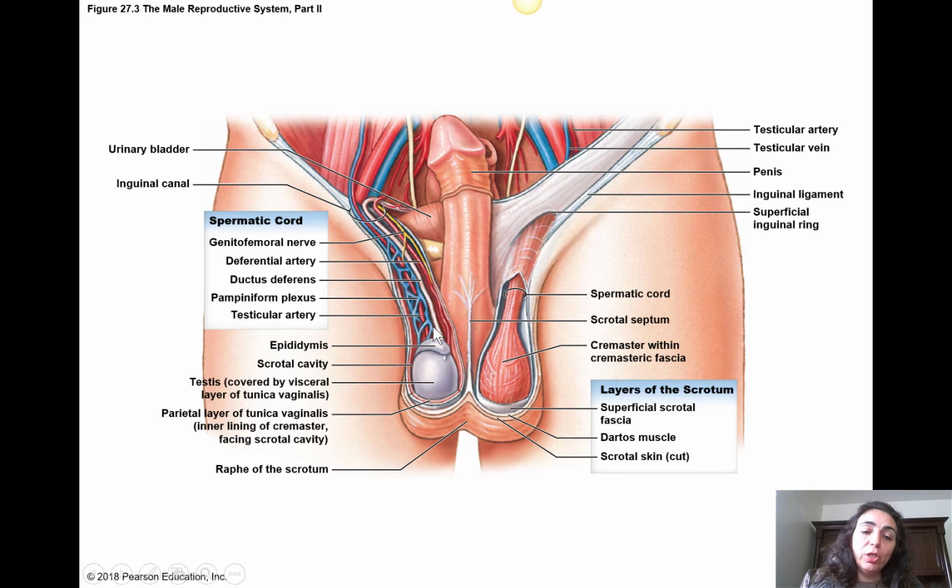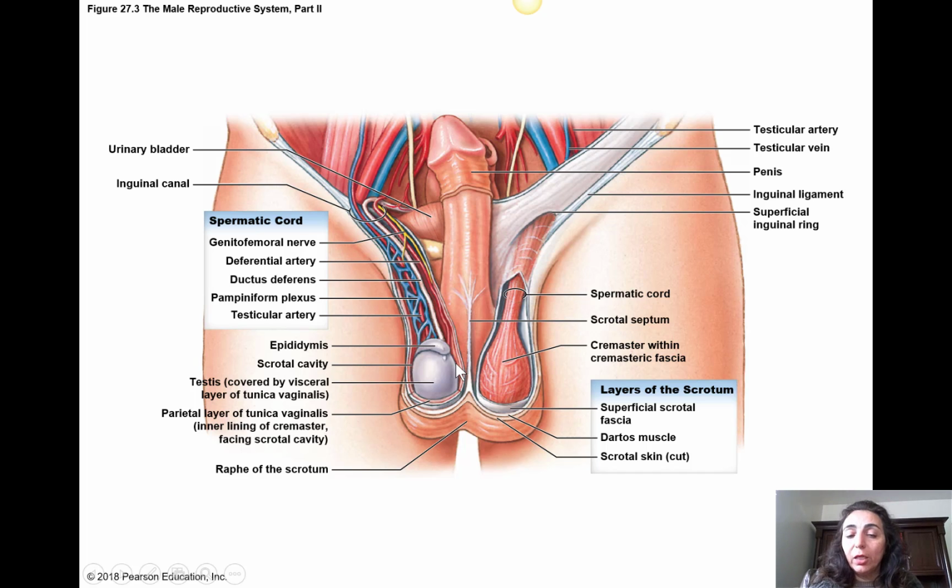The tunica vaginalis makes one layer around the testes and epididymis, that's the visceral part, and makes another layer that covers the inside lining of the scrotal cavity, and that's the parietal layer of the tunica vaginalis. So we always have one layer of the tunica vaginalis around the testis.